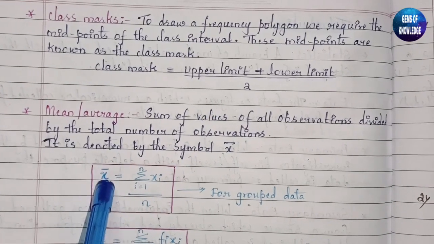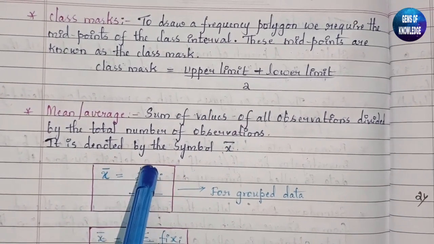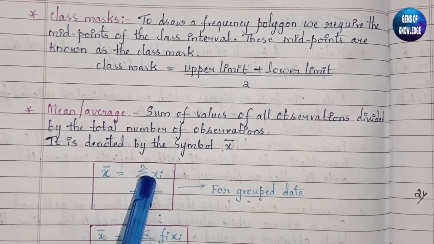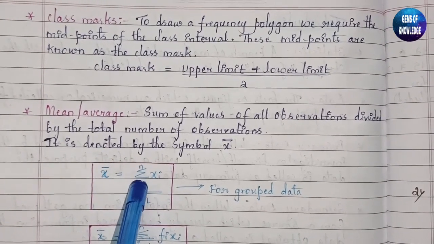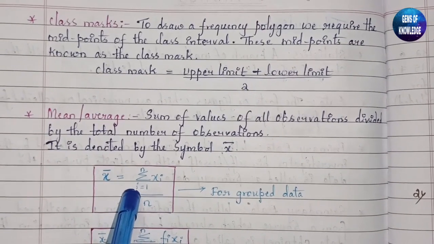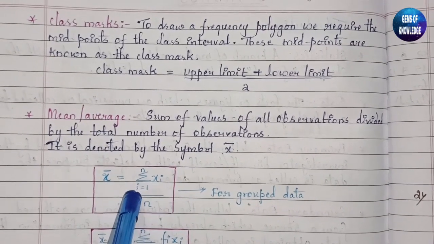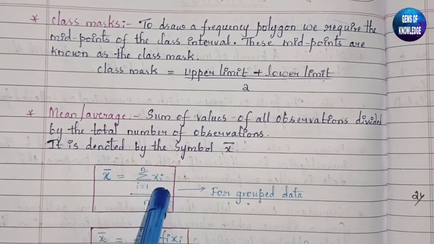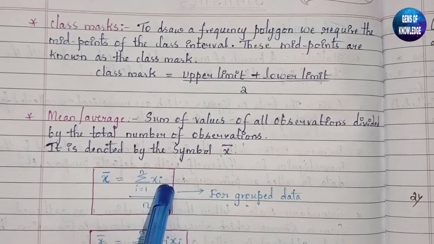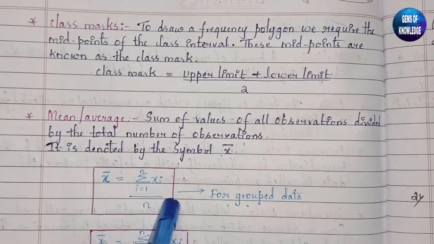So x bar is equal to the sum of xi, where i goes from 1 to n, divided by n.